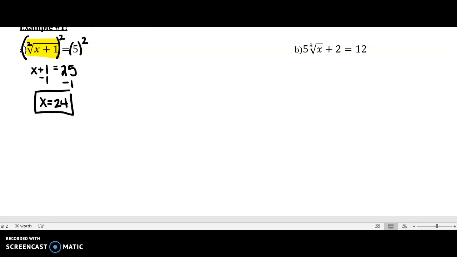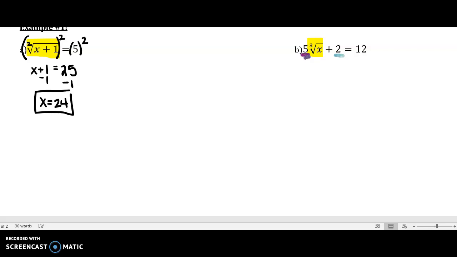Okay, for example B, I want to get this by itself, okay, which means this 5's got to go, and this 2 has to go, okay? So what do I start with?